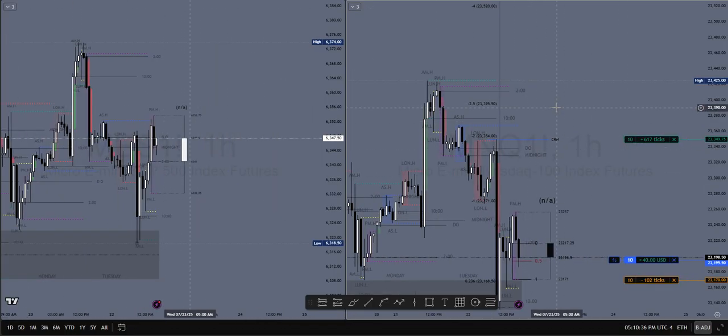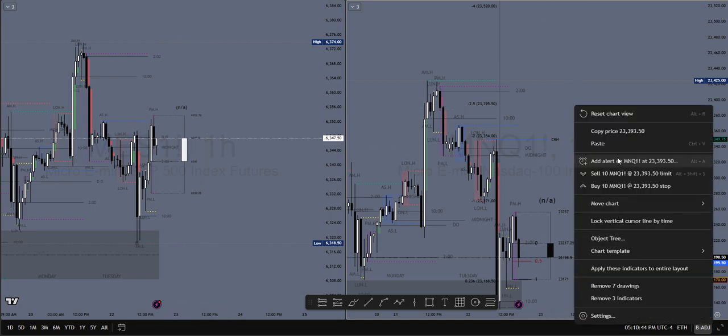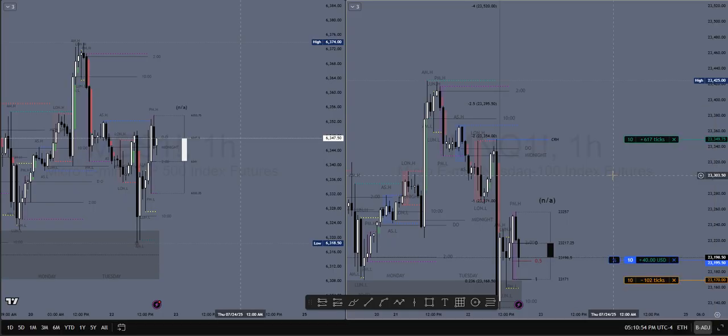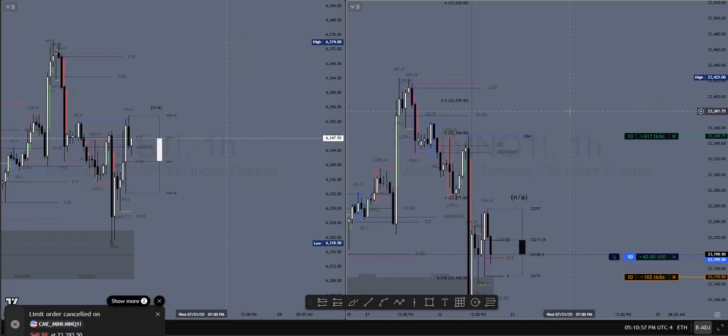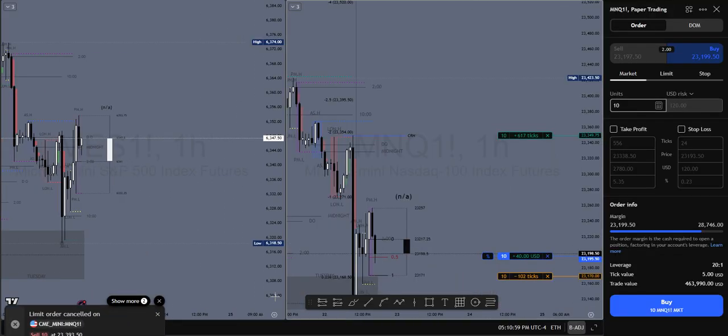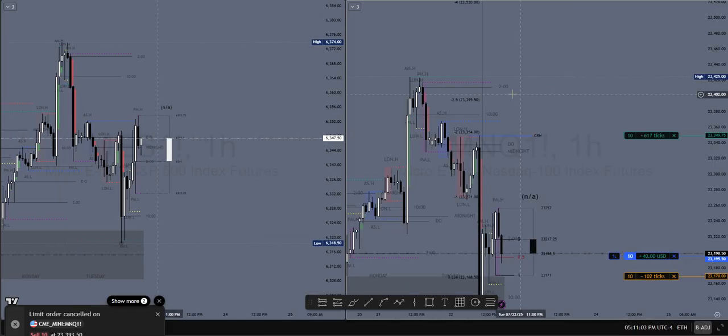So I would most likely have 9 contracts ended right here and 1 contract, which would be my trailing, all the way up here. I don't really know how to set trailing on TradingView. Yeah, I'd have to go through this entire area, but I don't feel like it.